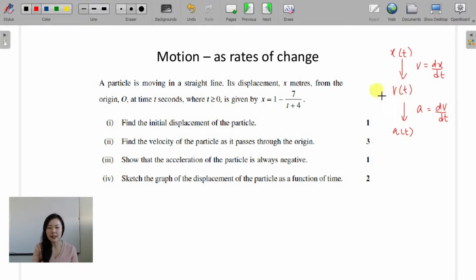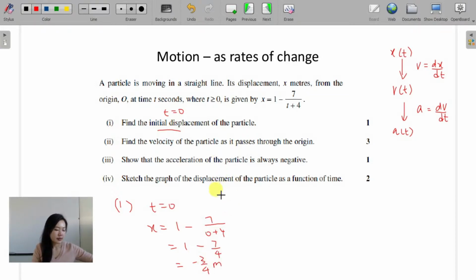That's all it is. Answering this question: find the initial displacement. Initial usually means t is 0, displacement is x, so we just sub it into the equation. So you get minus 3/4 meters.